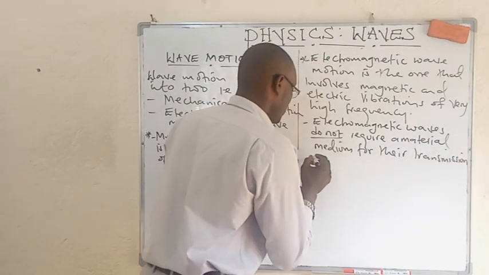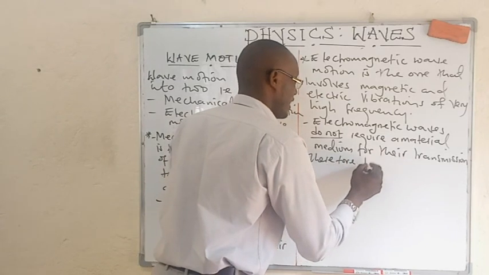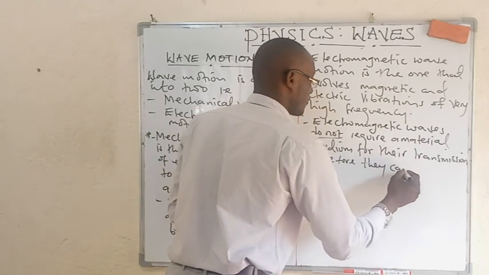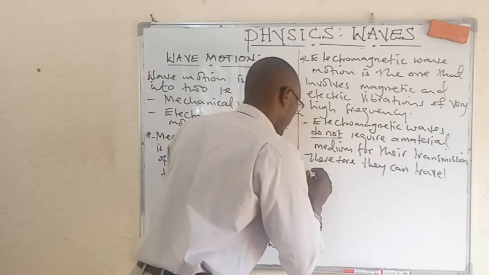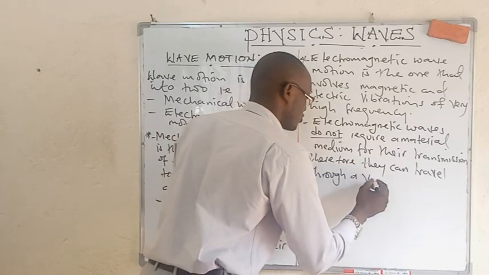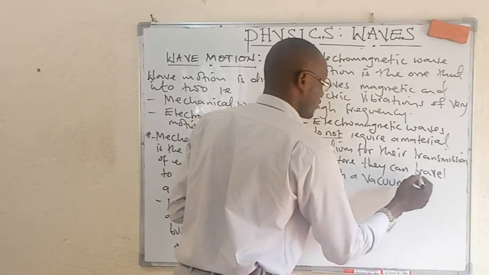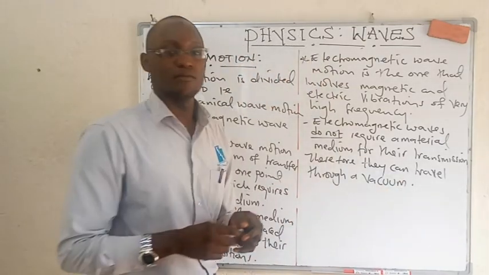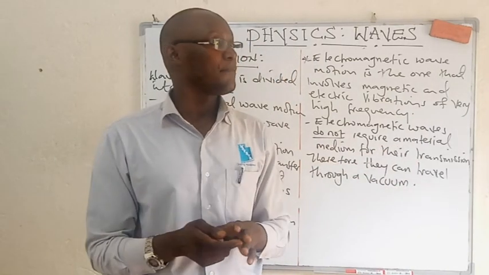Therefore, they can travel through a vacuum. That is the interesting bit of electromagnetic waves.